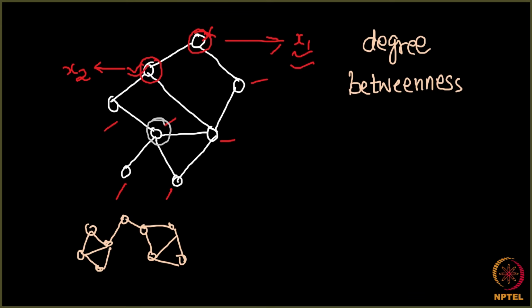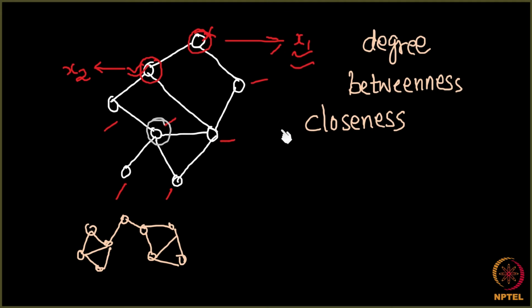So are the nodes with very high betweenness the most influential, and will they create the biggest cascade? Or are these the nodes having high closeness? So closeness is something like, I take this node and I see how close it is to other nodes in the network. For example, this node is very close to these 5 nodes, and then still closer to this node, and then far away from these nodes.